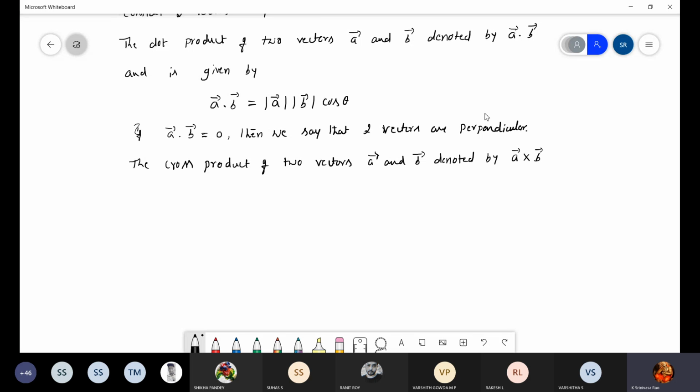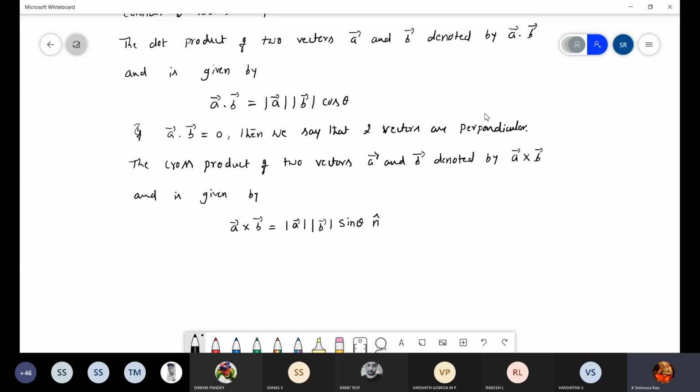In that product we have different ones, one is dot, another one is cross, and it is given by A cross B equals magnitude of A into magnitude of B into sine theta into n cap. So one extra term will come compared to the dot product, that is n cap. I will tell you what that is.